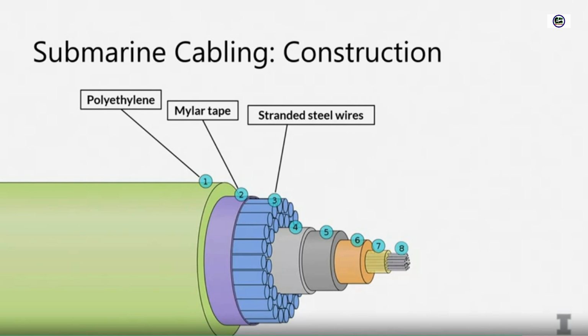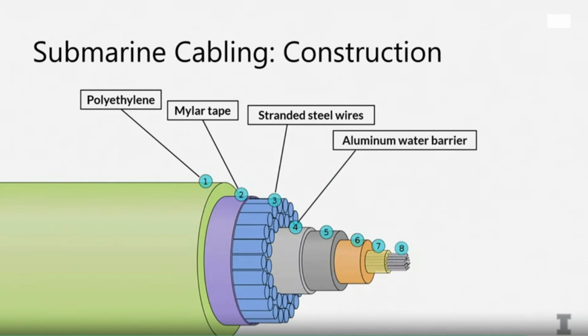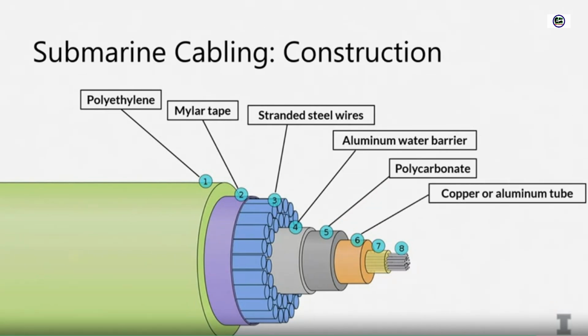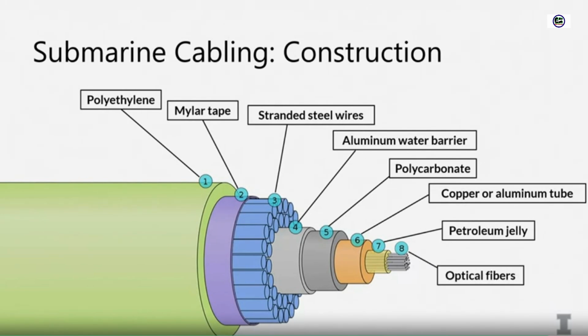So we use steel wires for a layer of armor. And then we have more layers beneath that. We have an aluminum water barrier to prevent water from getting through if the outer layers get punctured. We have polycarbonate, and then we have copper or aluminum tube. And beneath that, we have petroleum jelly. So we have a layer of oil surrounding the wires. And then we have the wires themselves. We have the optical fibers.